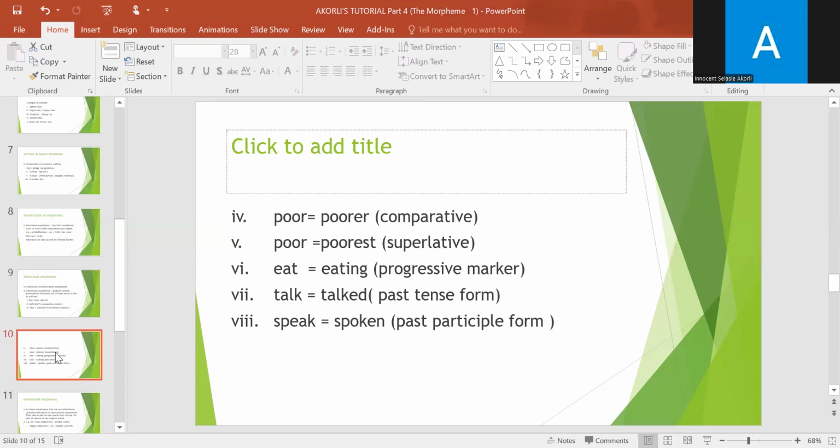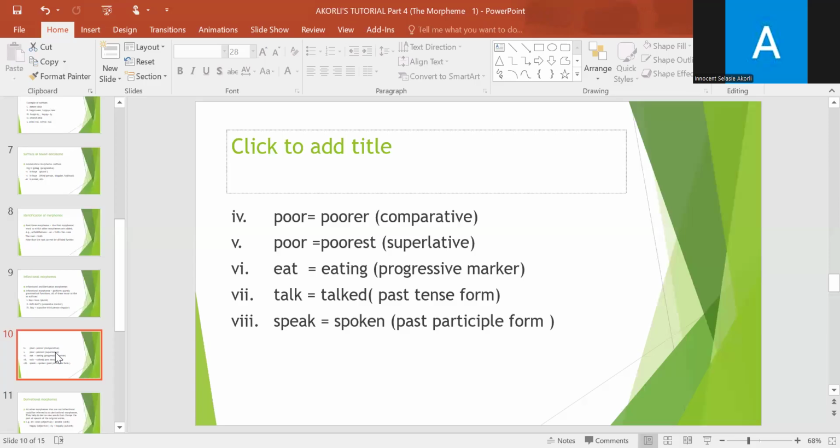Poor is an adjective. Poorer, still an adjective. So the addition of er to poor doesn't change the word class. It expresses the comparative form. In other words, it expresses comparison. Poor to poorest. Poor is an adjective. Poorest is an adjective. And the superlative form, both are adjectives.